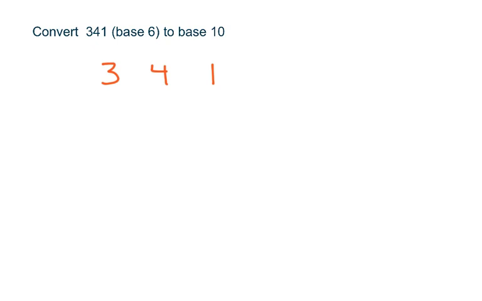Instead, what we've got here are 6 to the 0 power, which would be 1s. We've got 6 to the first power, which would be 6s. And we've got 6 to the second power, which would be 36s. So our columns are 1s, 6s, and 36s.